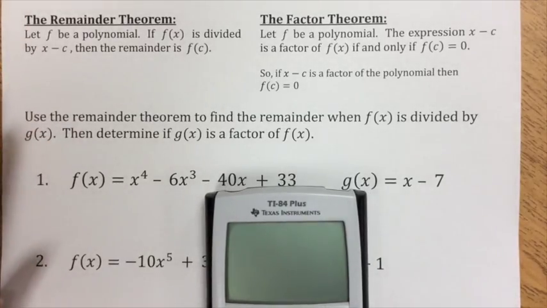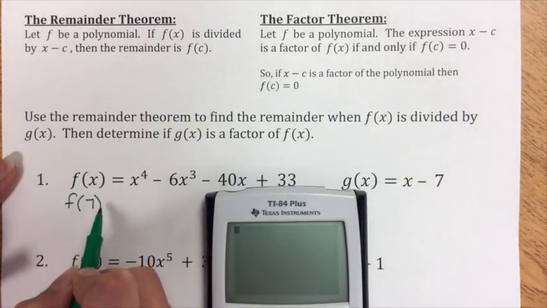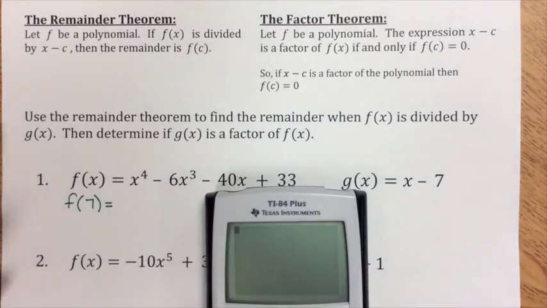So I'm going to go to my normal home page, and I am going to plug in positive 7. I'm going to take f and plug in 7 into it and see what I get.